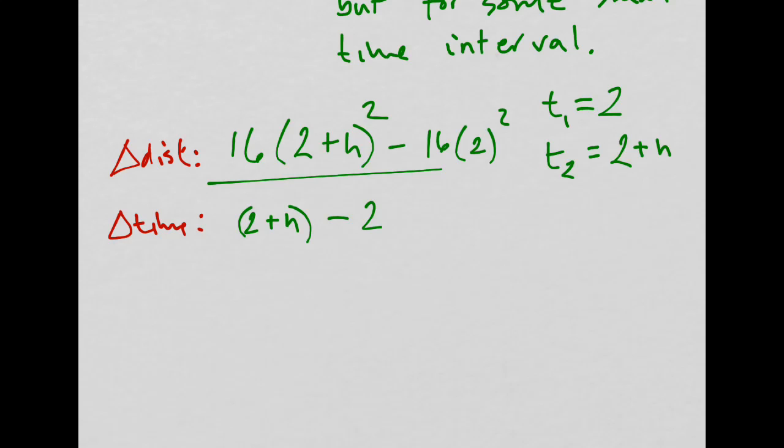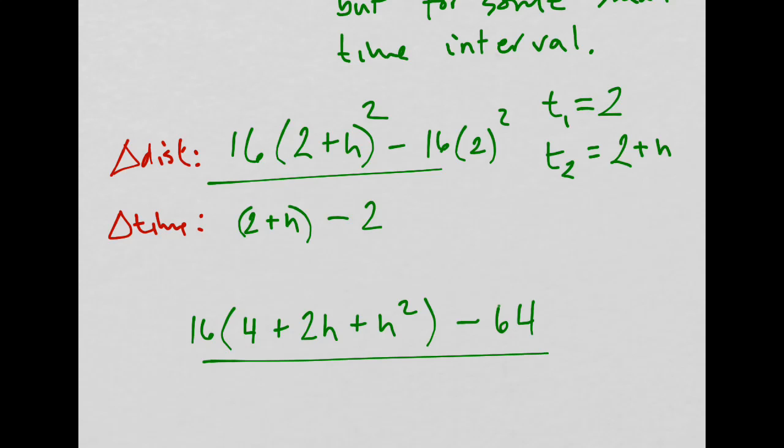First thing I think of is I can FOIL this out. What would that be? 16 times (4 plus 2h plus h squared), and then minus, again, 64, because 4 times 16. All over h. We don't need these parentheses there because there's nothing to distribute or no exponent.